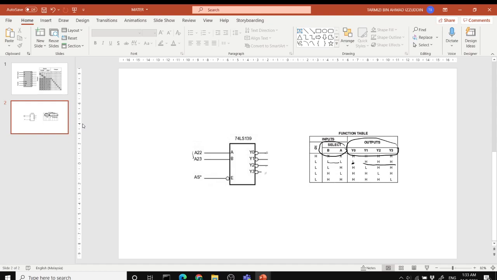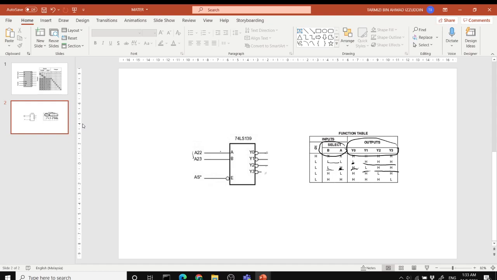So that is when both are low. What if one is low and one is high? What if A23 is low and A22 is high? Then you have Y0 high, Y1 low, and Y2 and Y3 high.